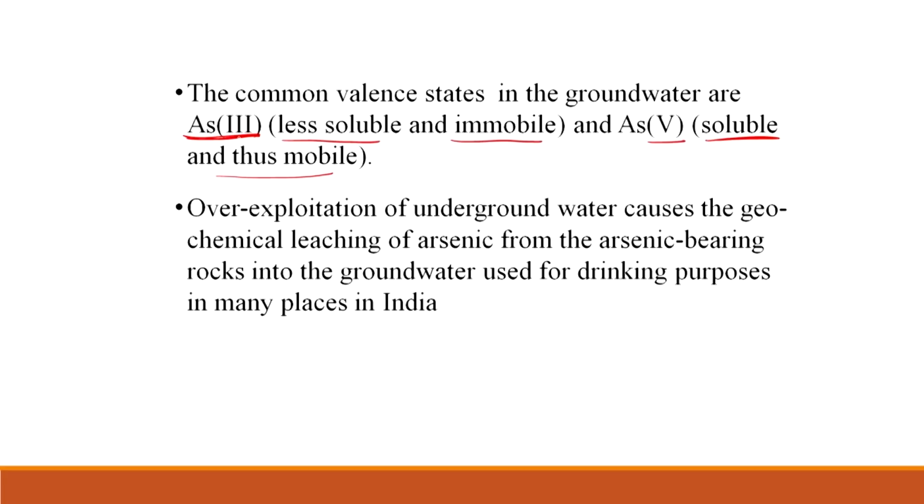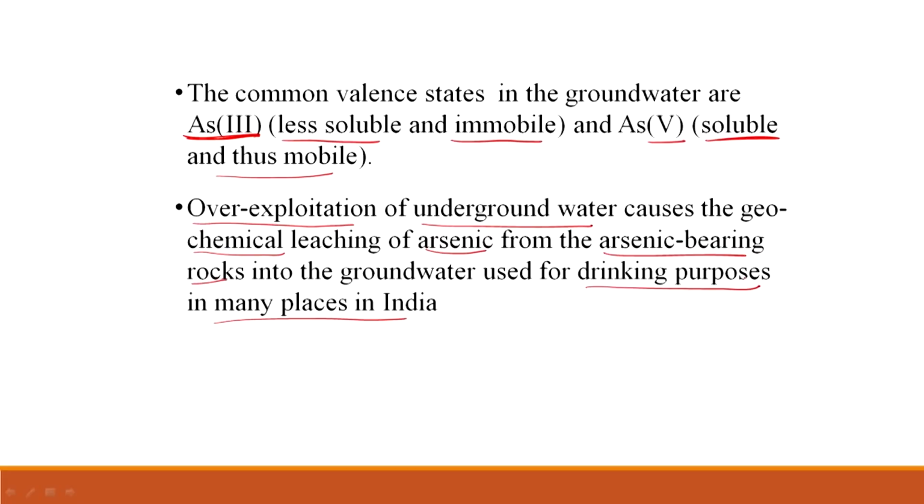And what do we have here? I guess, yes, this is what I was trying to lead to. Overexploitation of underground water causes the geochemical leaching of arsenic from arsenic bearing rocks into the groundwater used for drinking purposes in many places in India.